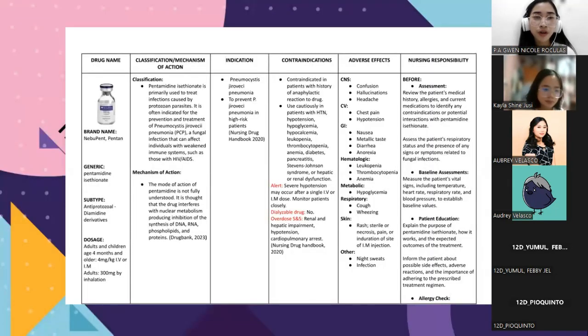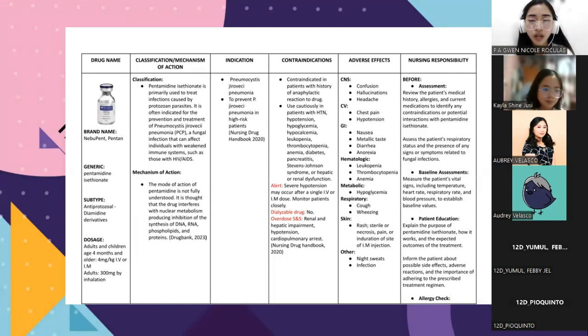So the next drug for antiprotozoal is pentamidine isethionate. So its brand name is nibopentan, and then the subtype of this drug is diamidine derivatives. Its dosages is for adults and children aged 4 months and older, 4 mg for intravenous or intramuscular injection.